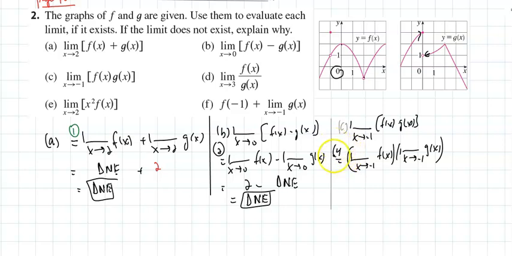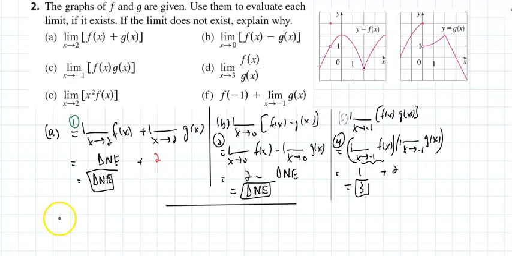That's property number 4. And what's the limit as x approaches -1? There's -1. The limit from the left is 1. The limit from the right is 1. That's a 1. For g of x, -1 is right there. Limit from the left is a 2. Limit from the right is a 2. So that gives me a 3.